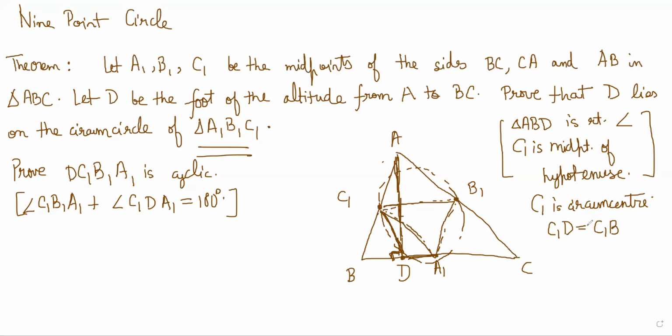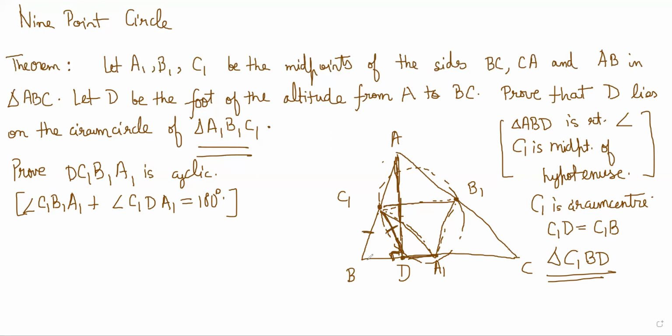Therefore, in triangle C1BD, C1D is equal to C1B, so it is an isosceles triangle.